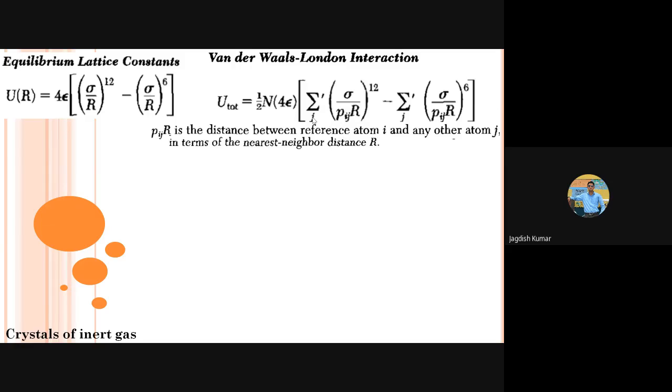If you expand this summation, it will be 1 over p_12 raised to the power 12 plus 1 over p_13 raised to the power 12 plus 1 over p_14 raised to the power 12, and all the way up to 1 over p_113 raised to the power 12. But for all those first 12 neighbors, p_ij is 1 because all of them are nearest neighbors. So what will that summation give us? A factor of 12.